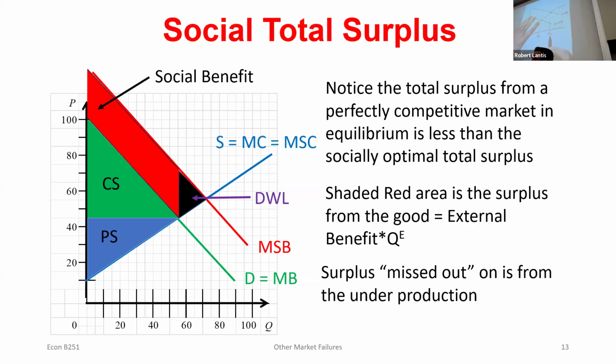So the market underproduced. So for every unit in this range, what surplus did society miss out on?